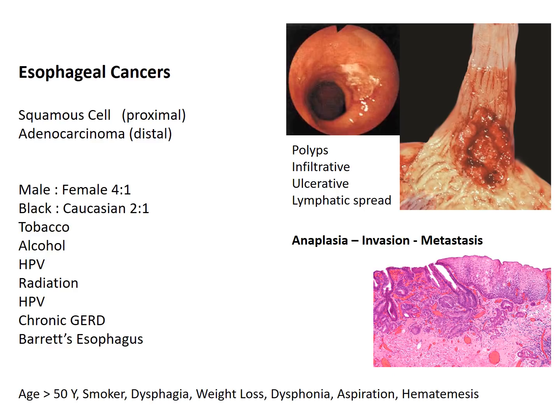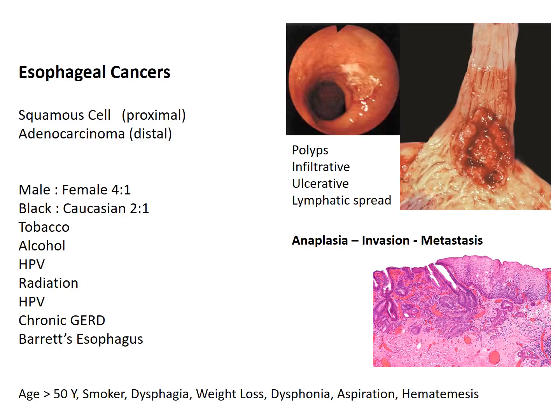And here's esophageal cancer. It's a squamous cancer or an adenocarcinoma depending on what part of the esophagus the cancer occurs. In the more proximal area, it tends to be squamous epithelium.